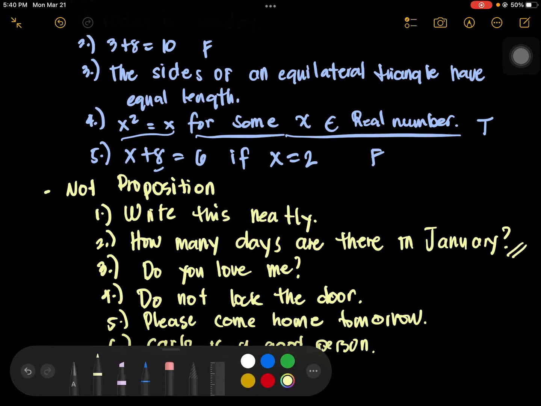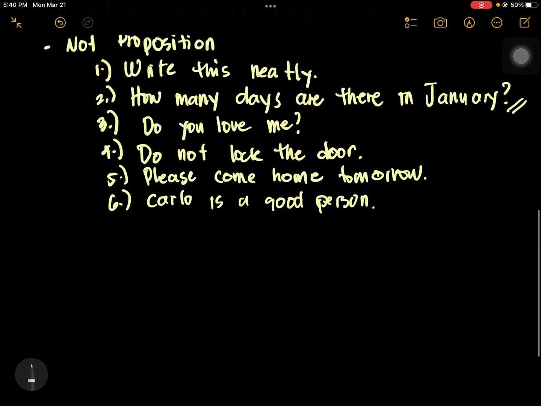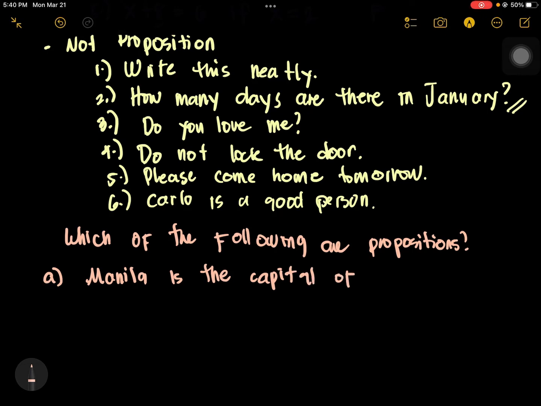So I'll give you a little exercise. Try to identify if it's proposition or not. Which of the following are propositions? Okay. A. Manila is the capital of the Philippines.